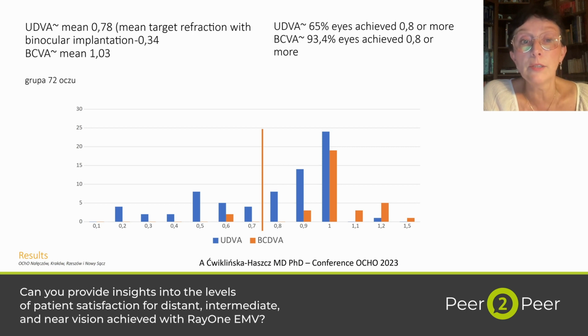But best corrected visual acuity, as depicted in this graph, was 1.0 or even more. And 65% of eyes achieved 0.8 or more, and with best correction, almost all our patients, 93.4%, achieved 0.8 or more.